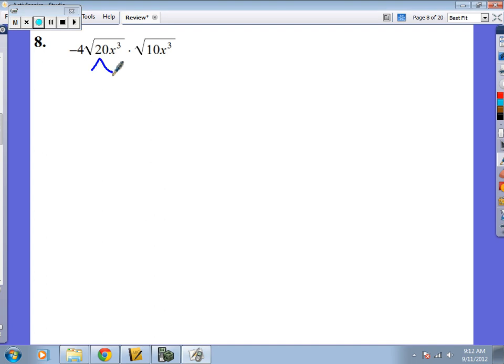Okay, you simplify these in the square root, and so now you have -4 on the square root of... okay, you want to do that again?